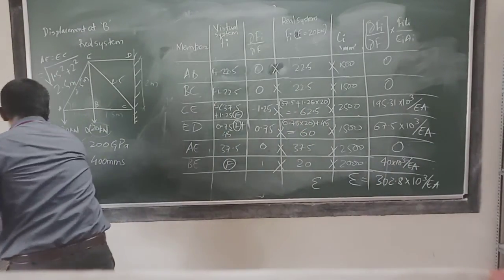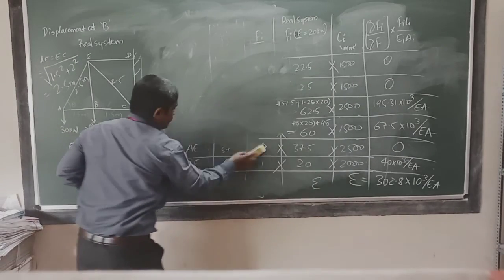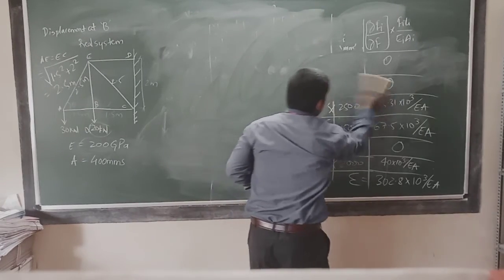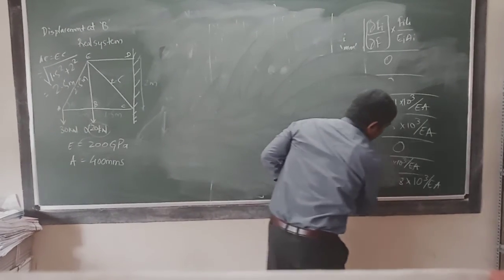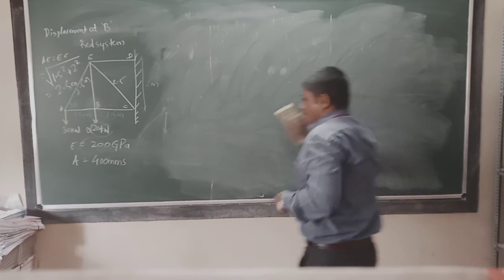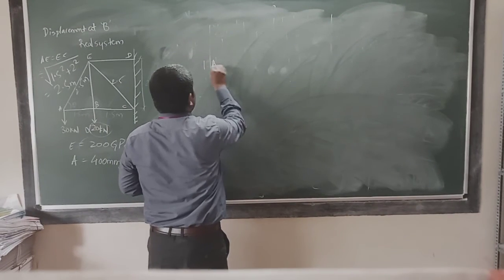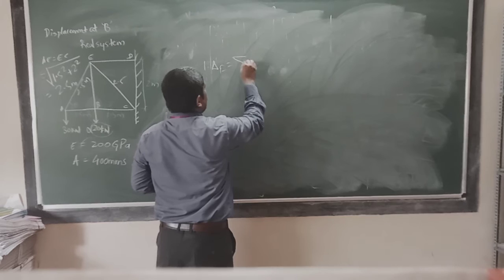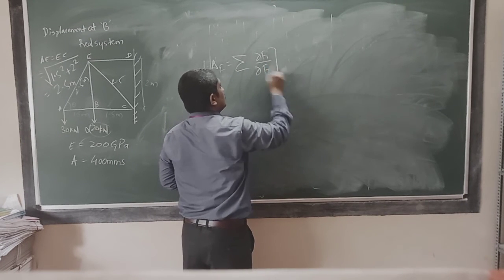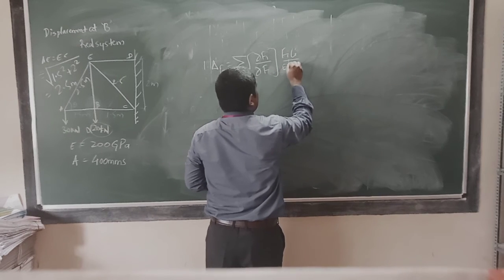Now you substitute the value of modulus of elasticity and the area of the member, and you will get the deflection at point B. You can write the equation again. 1 into delta F is equal to summation of dou Fi divided by dou F into Fi Li divided by Ei Ai.